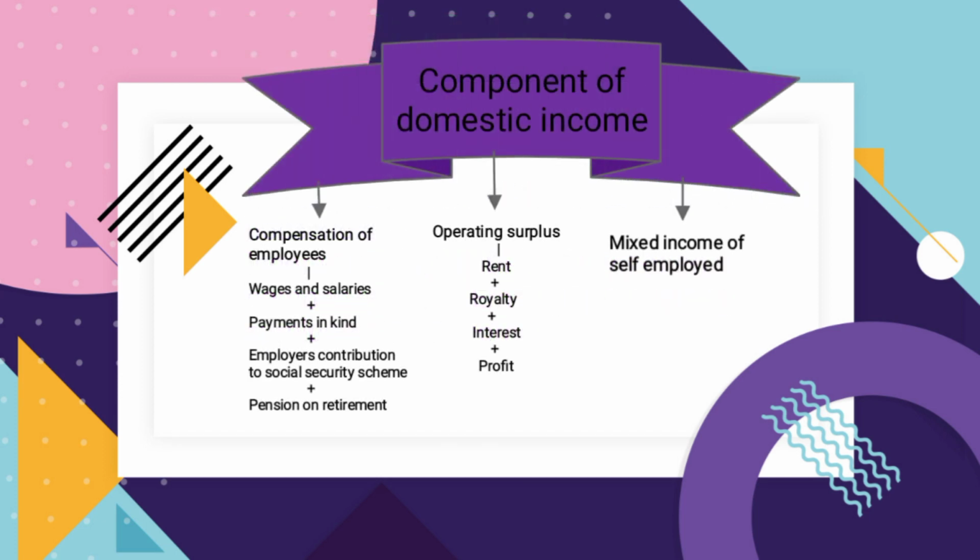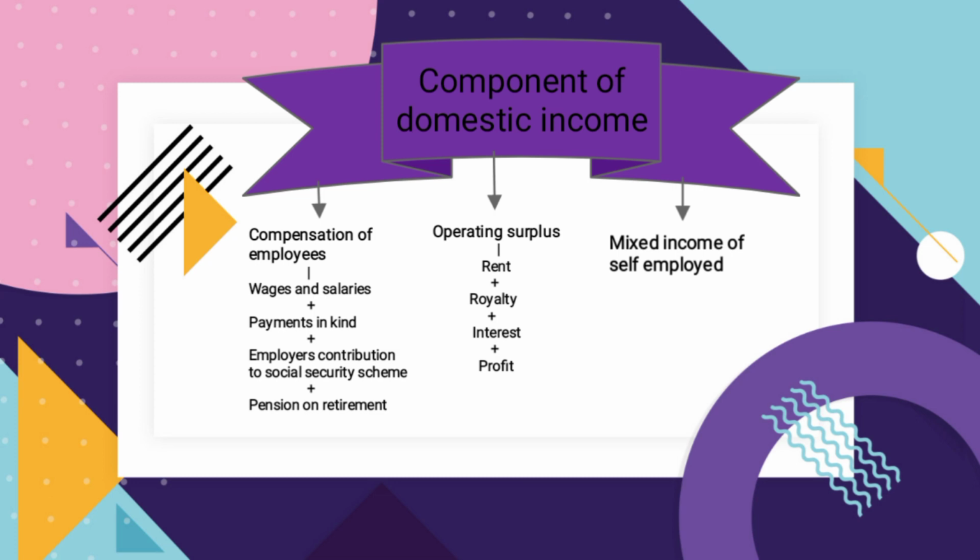Here are the components and sub-components of the formula. The compensation of employees consists of wages and salaries, payments in kind, employer's contribution to social security, and pension on retirement. Operating surplus consists of rent plus royalty plus interest plus profit.